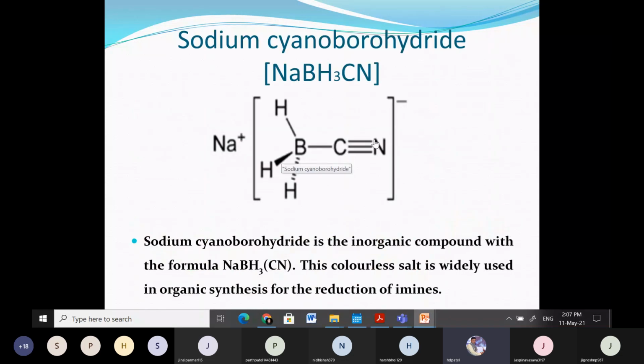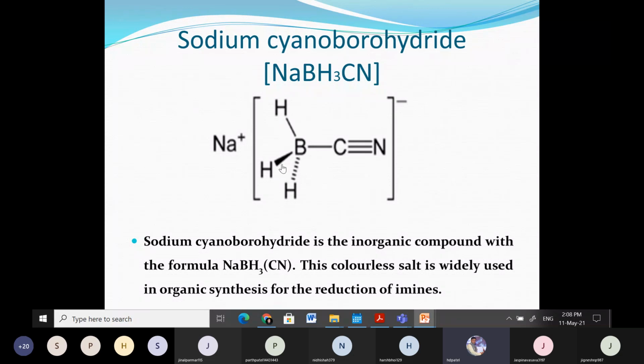As we know, nitrogen has higher electronegativity, so nitrogen will pull electrons from the carbon, nitrogen becomes negative and carbon becomes positive. Now carbon will try to pull electrons from the boron, and boron has electrons in its bonds, shared with hydrogen.